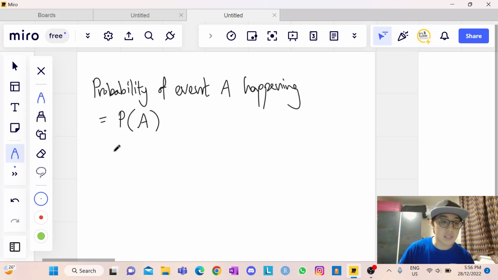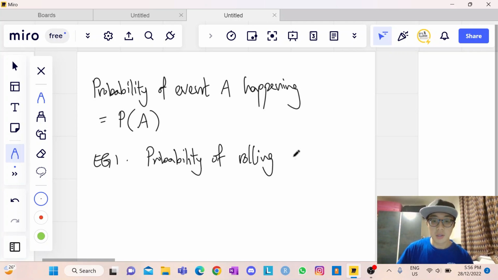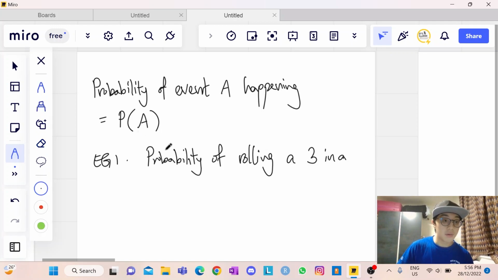For example, the probability of rolling a three in a die. What is the probability of rolling a three in a die? We know that in a fair die, we need to say that the die is fair. A die has 6 numbers: 1, 2, 3, 4, 5, 6.